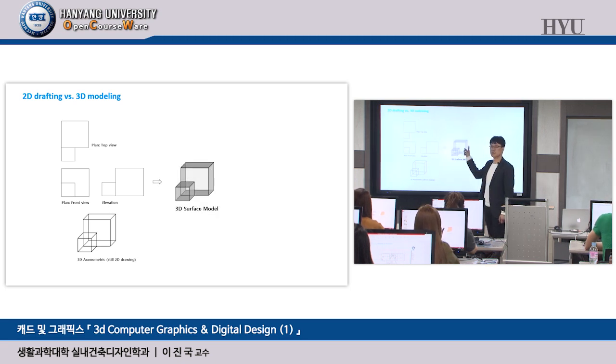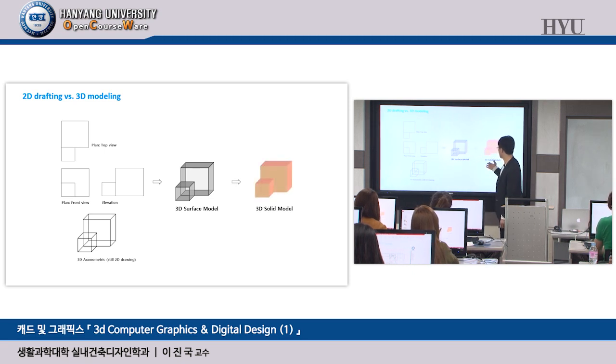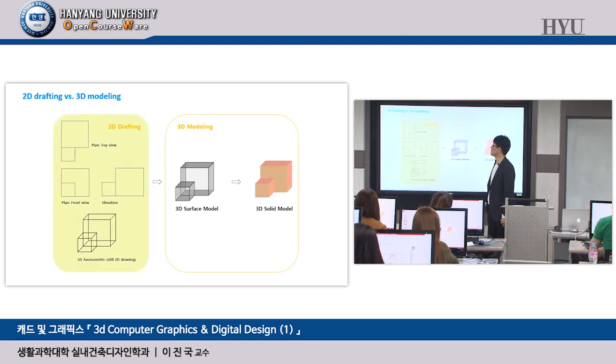And with a 3D surface model, you just place your camera and then you can get 2D drawings. Or you can also generate them from a 3D solid model. It doesn't matter, that's fine. Anyway, this is the 2D drafting approach and this is the 3D modeling approach.